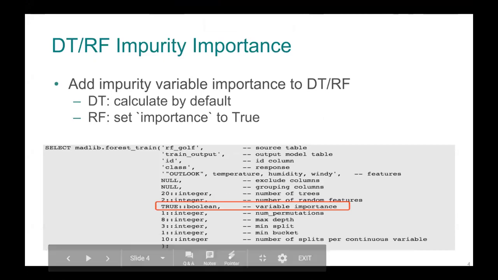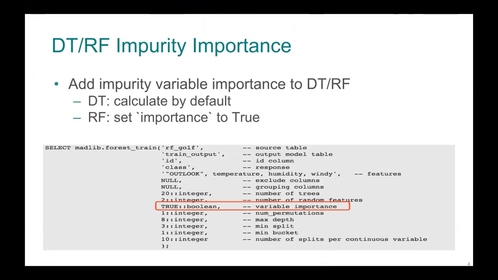Sure. Hi, I'm Jingyi, and I also work on MADlib from Pivotal. Today I'm going to introduce the new features we made for both decision tree and random forest in our 1.15 release.